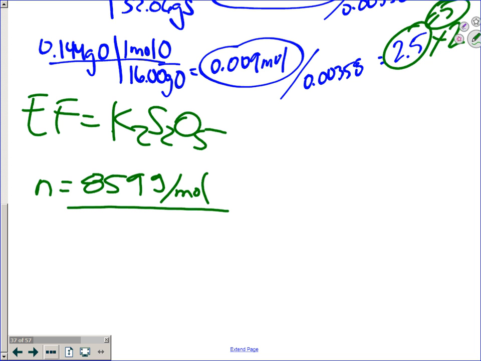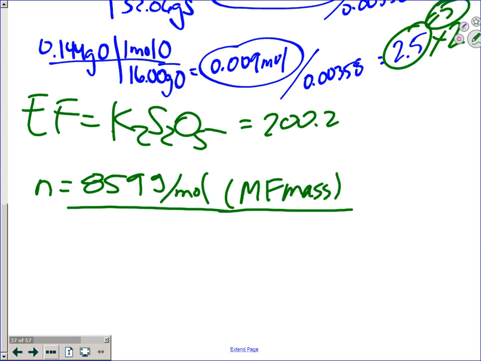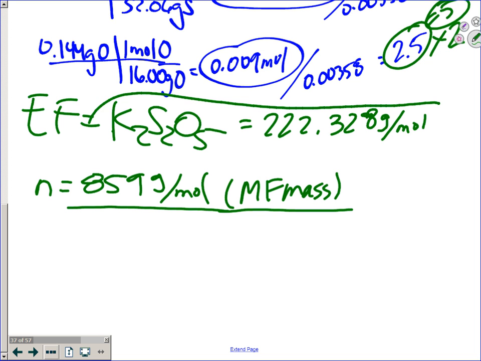We're taking our molecular mass, which is our molecular formula mass, and we're dividing it by, what's the mass of this? 202? Oh, it's 222. So the empirical formula mass is about 222.